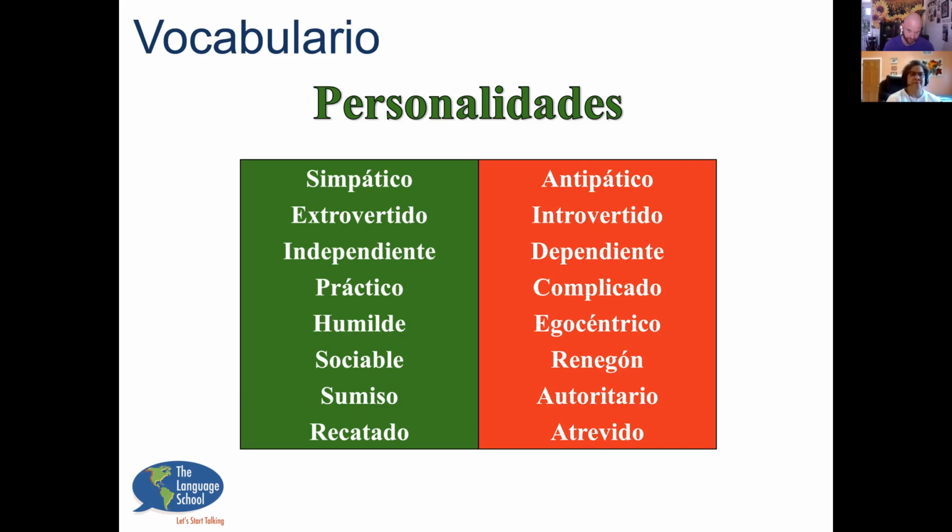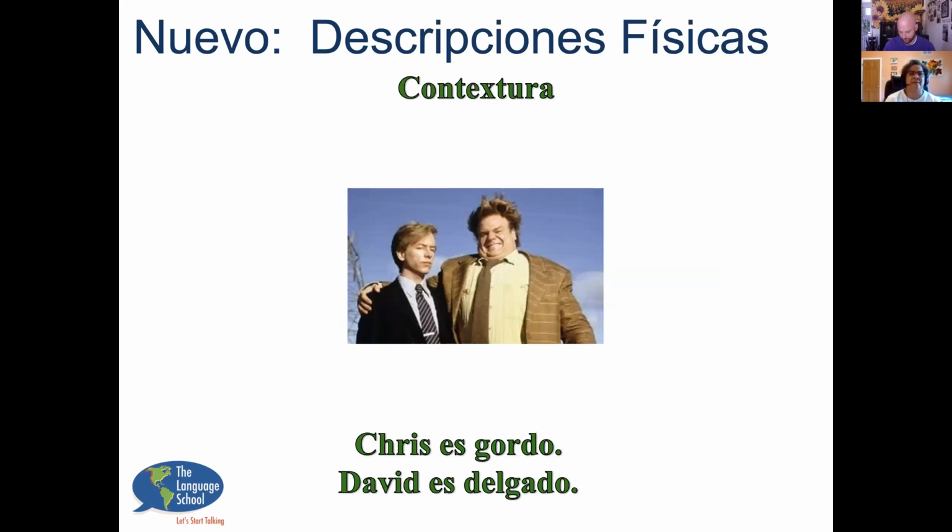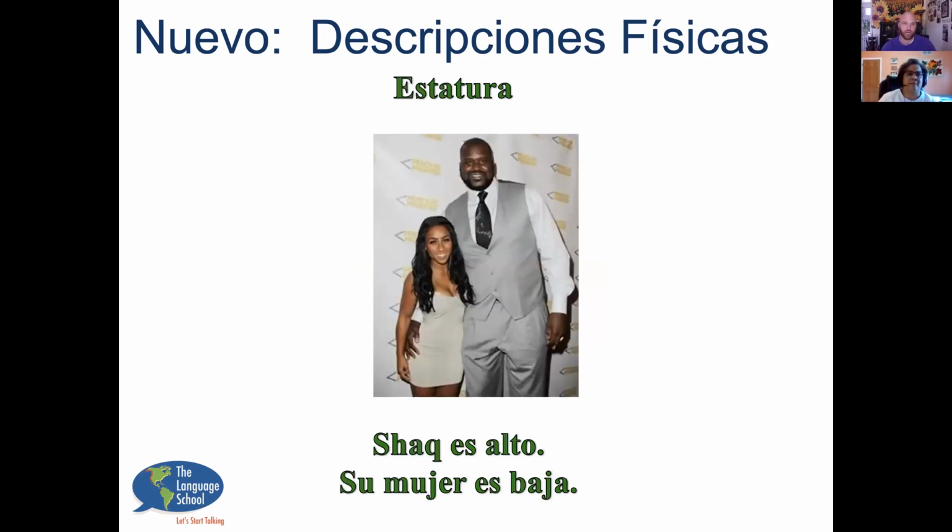And then if we're going to go over physical descriptions, contextura is referring to like body type. So Chris es gordo, David es delgado. Estatura is height. Chef es alto, su mujer es baja.